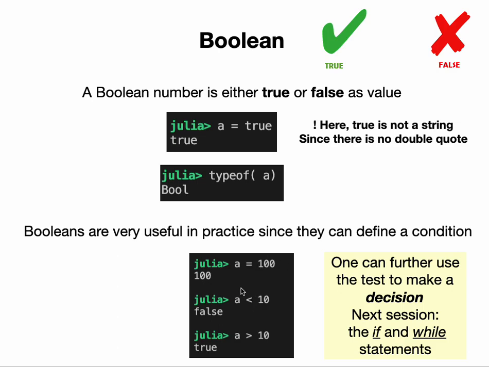Obviously, 100 is not smaller than 10, so this operation returns a Boolean, and the value is false. Let's make another test. Is A larger than 10? Obviously, 100 is larger than 10, so this operation will return a Boolean with the value true.